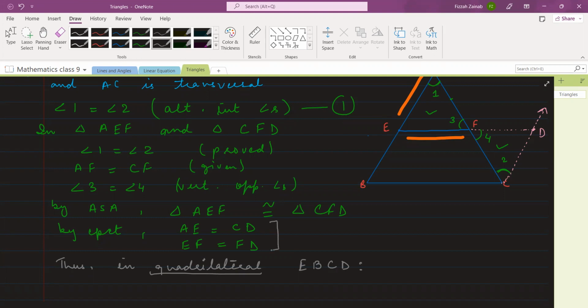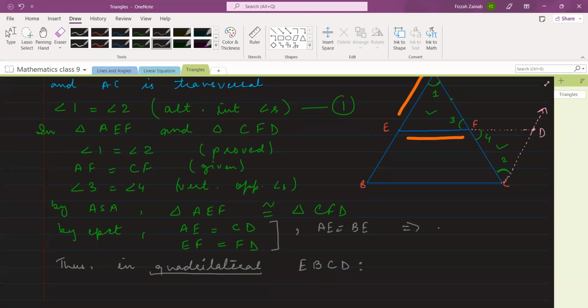See, something I can conclude from here as AE is equal to CD, right? Yes, ma'am. Okay. And also your AE was equal to BE, isn't it? Because E is the midpoint. Yes, ma'am.